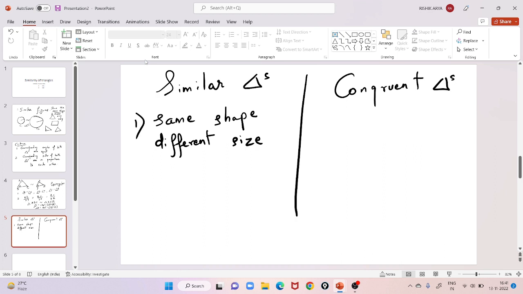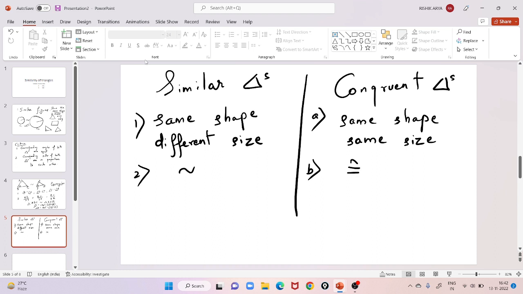This is the very first point. So in congruency, what happens? In congruency, yes, the same shape should be there, but the sizes should also be the same. Size cannot differ in the case of congruent triangles. The second difference is that this is the symbol of similarity, and this is the symbol of congruency.